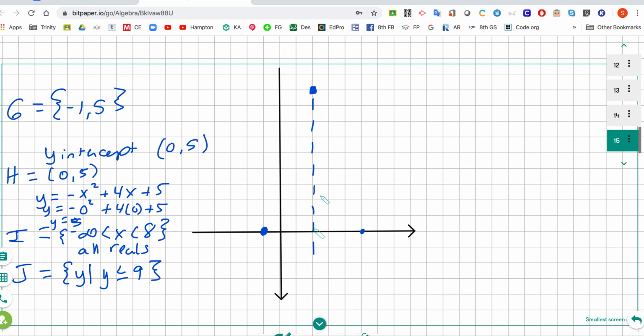If I stand on the axis of symmetry and go 1, 2, 3 to the right, I hit my first x-intercept. If I stand on the axis of symmetry and go 3 to the left, 1, 2, 3, I get my other x-intercept. Now I'm going to graph my y-intercept. My y-intercept is 0, 5.